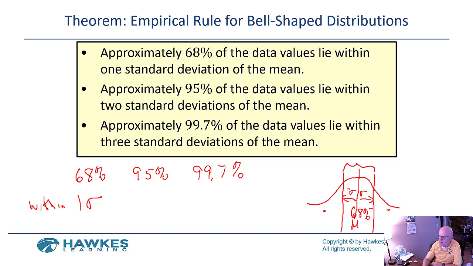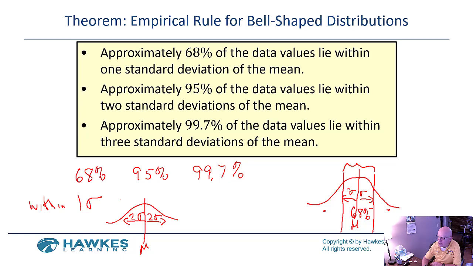So what does the 95% mean? Well, it's something similar. Let's draw another bell-shaped curve. We've got the mean in the center, but this time we're going to go 2 standard deviations in both directions. Twice as far.